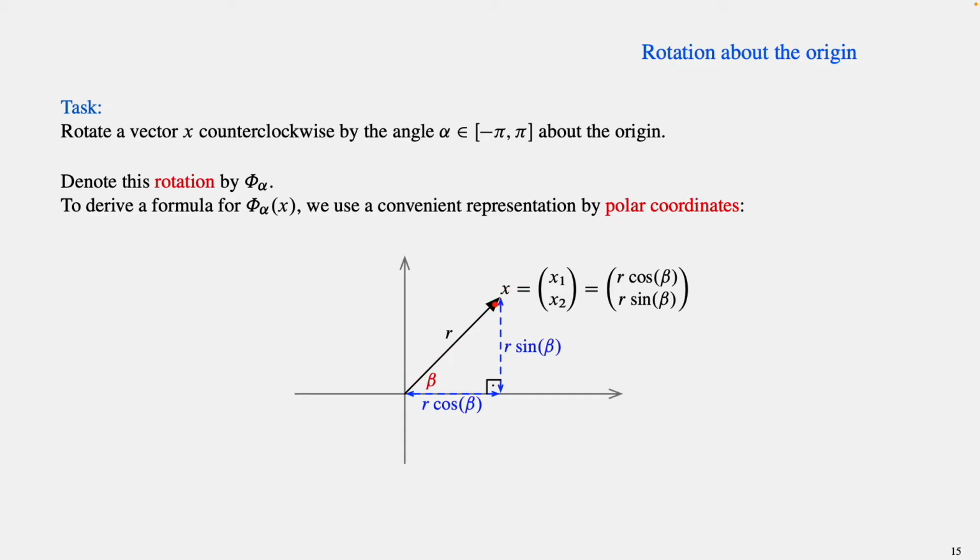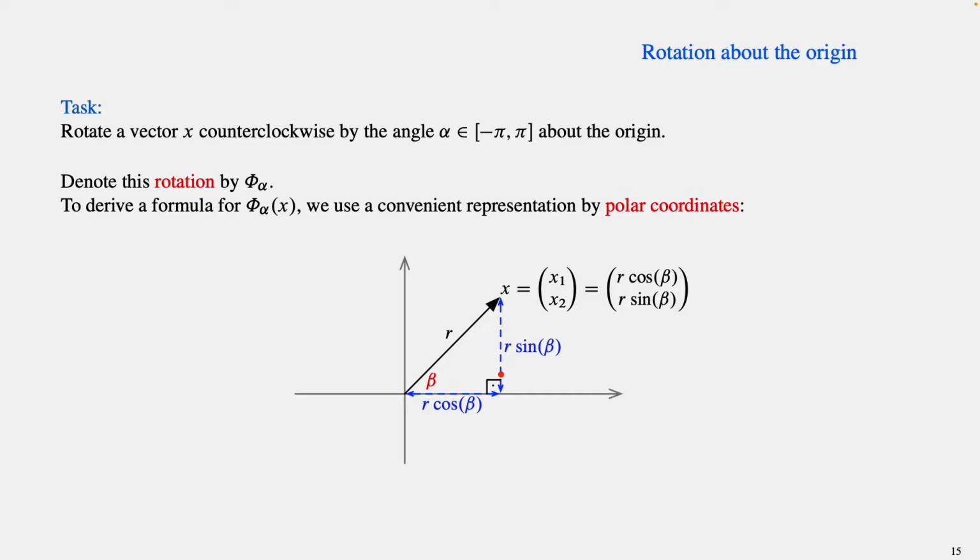That's the length, or as we learned in the previous chapter, r would be the norm of x. And now we have an angle beta between x and the first axis, the E1 axis.